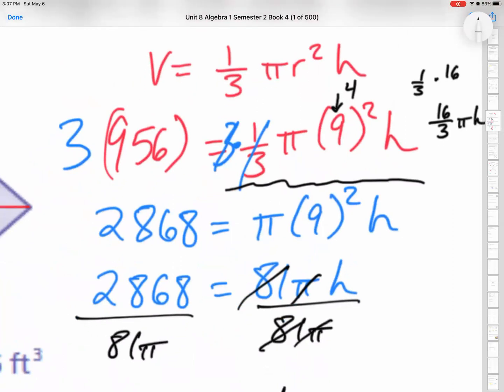Let's get rid of that 1/3 by multiplying both sides by 3. That'll even transfer over when we get to spheres, when we're trying to solve for a radius. That's how I personally would approach it, because it checks off other areas when numbers aren't as clean.